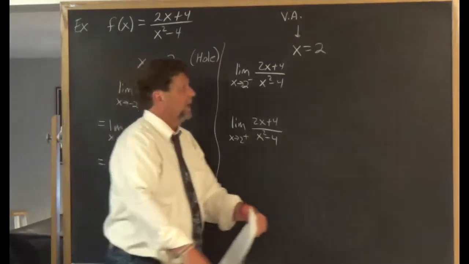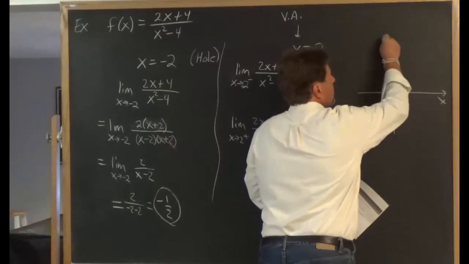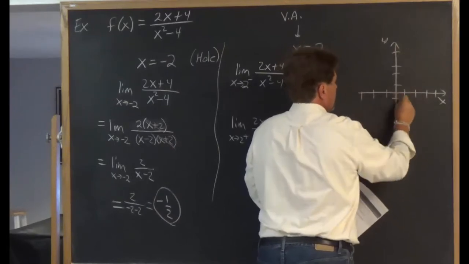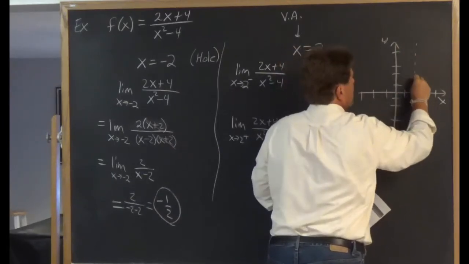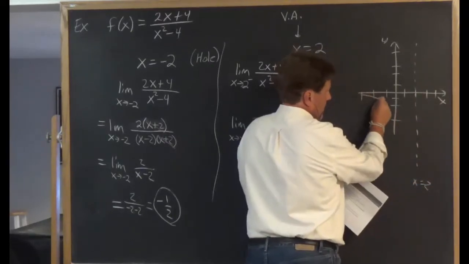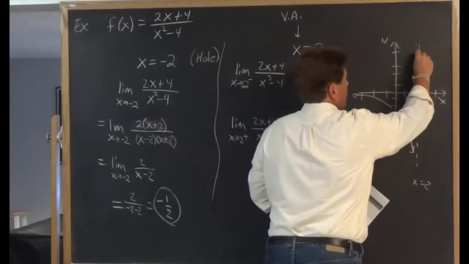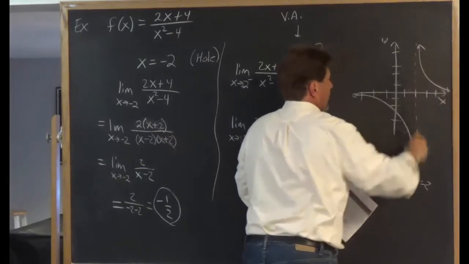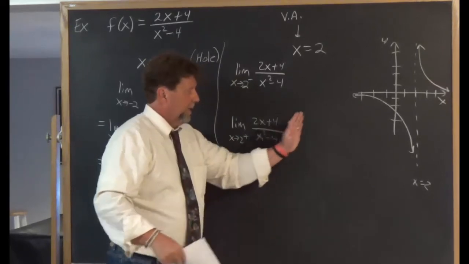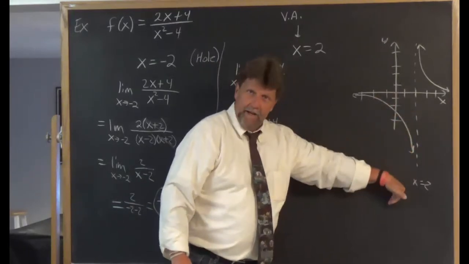Graph the function. And if you do that, you'll get a graph that looks something like this. See, we've got a vertical asymptote at x equals 2. So now I can immediately determine that as I approach 2 from the left side of 2, that limit is negative infinity.